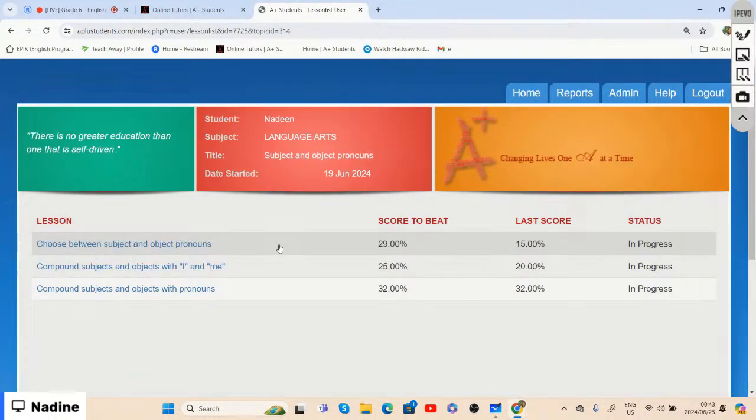All right, so we've been doing our chapter on subject and object pronouns. We did it in our previous lesson as well as today, where we had to choose between subject and object pronouns. Remember, firstly, a pronoun takes the place of a noun.